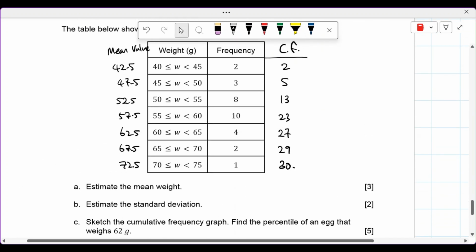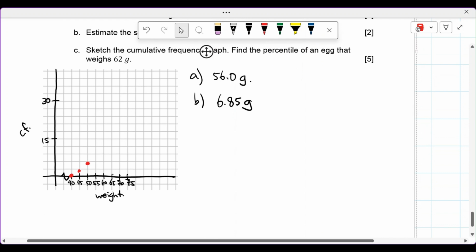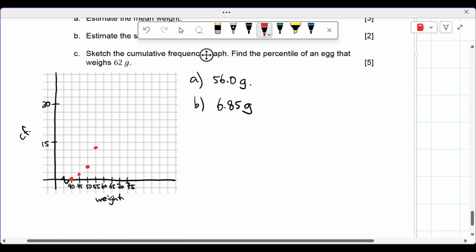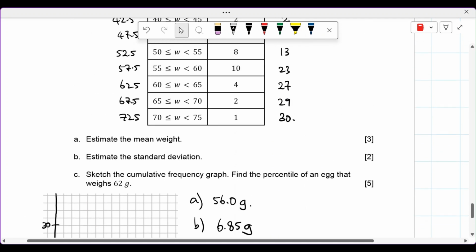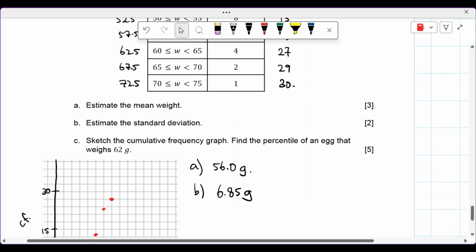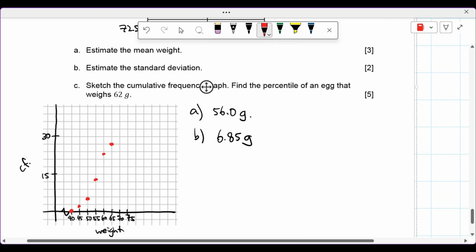At 55, we have a total of 13. At 60, we're at a total of 23. At 65, we're at a total of 27. At 70, we're at a total of 29. At 75, we're at a total of 30.